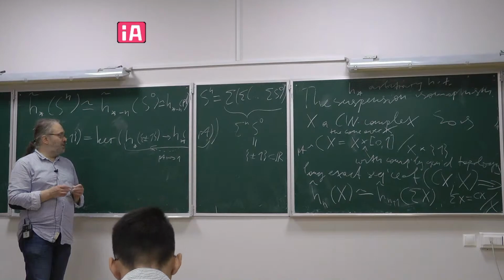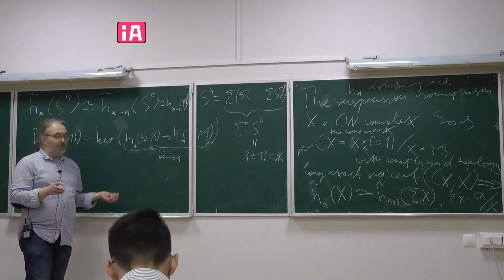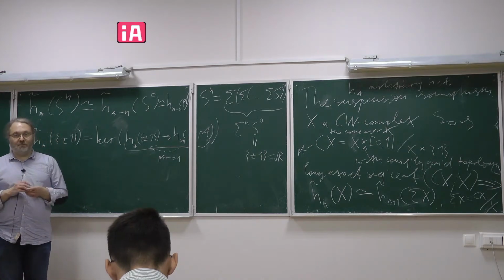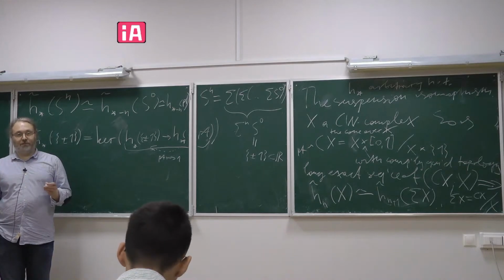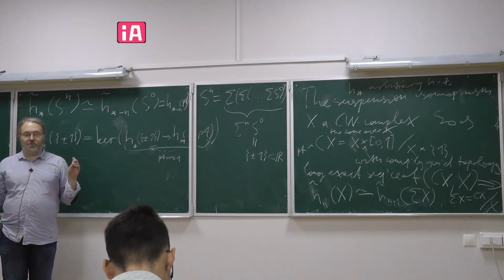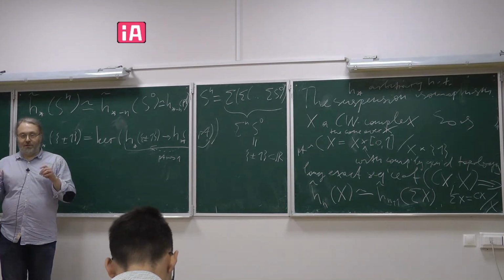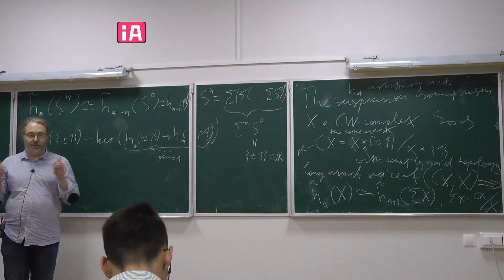Well, the non-reduced homology of a disjoint union is the direct sum of the homology of the summands, of the spaces that we take the disjoint union of.